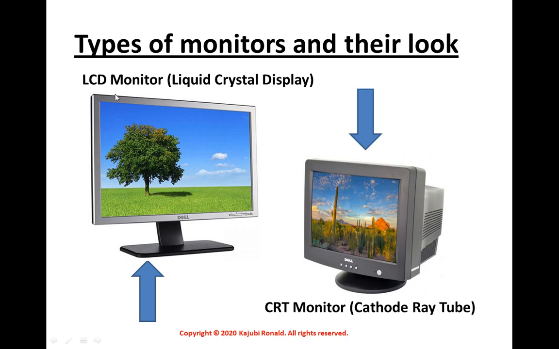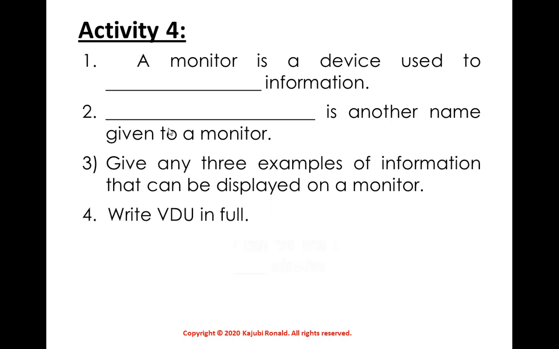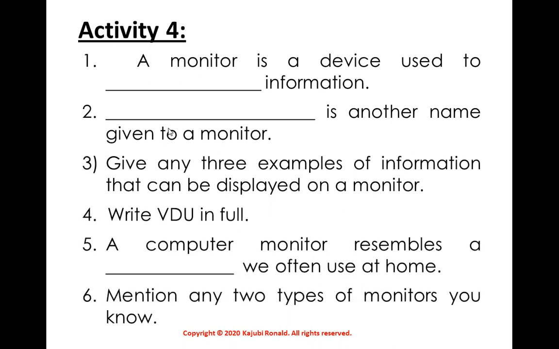We shall be seeing details about these types, the advantages of one over the other, and the disadvantages of some. We go on. Those are sample questions related to what you've just covered. You try it.